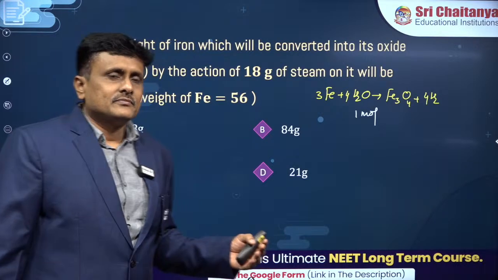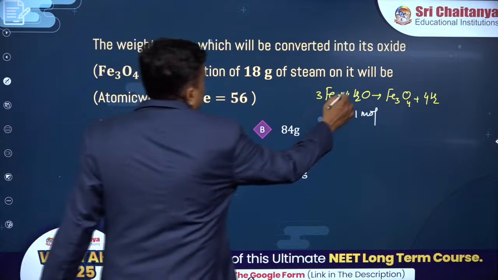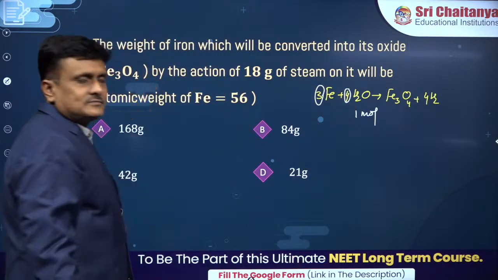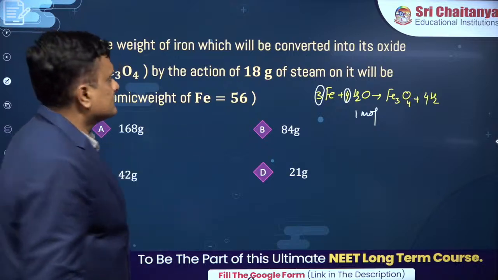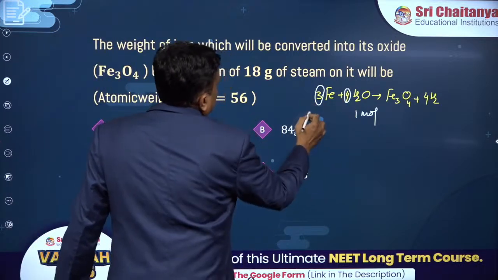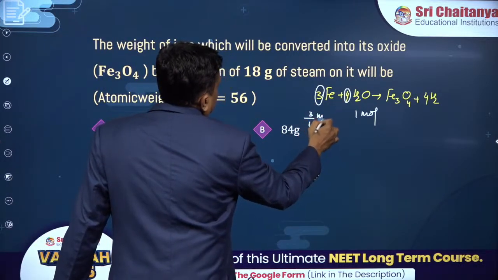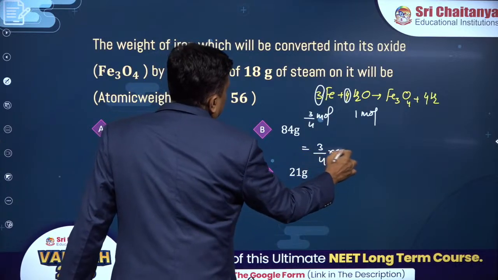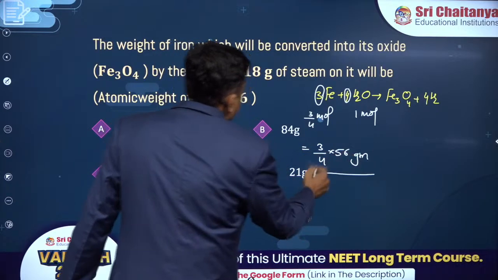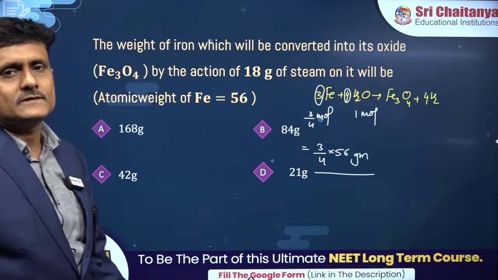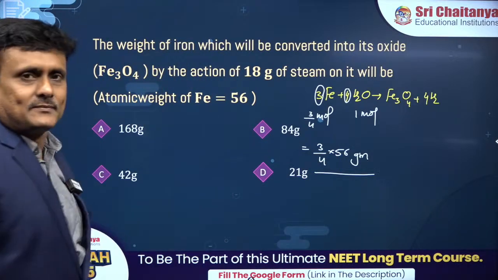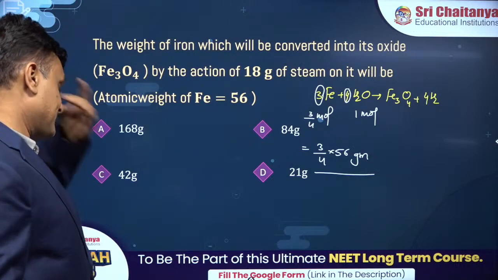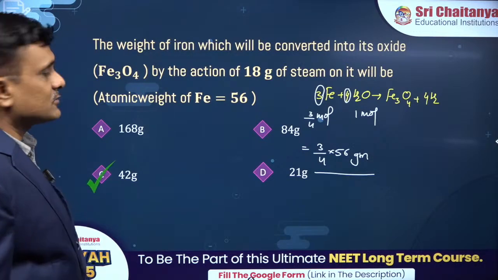So you can see 4 moles of H2O versus 3 moles of iron. 4:3 means 1:3 by 4. That's all. Iron reacted is 3 by 4 mole. 3 by 4 into mass of iron, which is 56. Simple. So it seems very easy. When you simplify, you will get 42 gram.